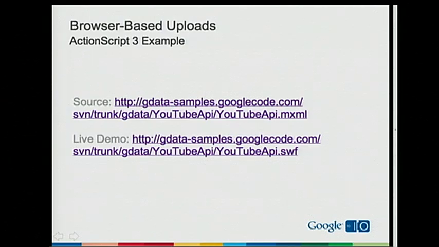So I have a couple of examples. Well, one example that has both the source code and a live demo that I'm going to pull up. In this particular case, it's doing browser-based uploads from the context of an ActionScript 3 Flash application, which is kind of cool, and it actually makes use of ActionScript 3's support for AuthSub, which we just recently, about 6 months ago, announced.